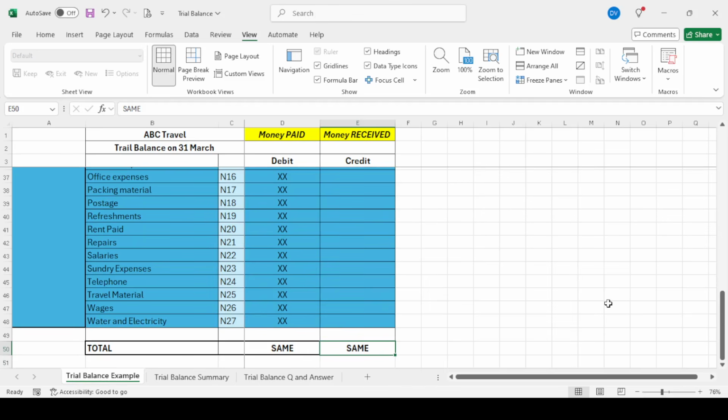What you can usually do is minus the one amount from the other and divide the difference between them by 2, because that sometimes gives you exactly the amount that you maybe just put on the wrong side. You put it on the debit side, it was supposed to be on the credit side.